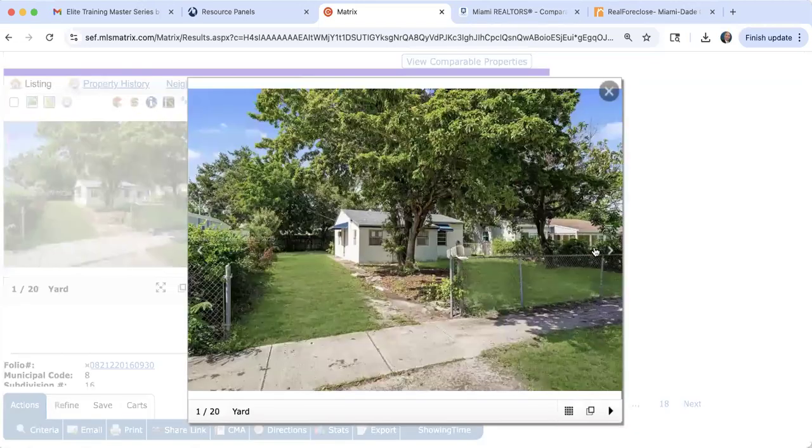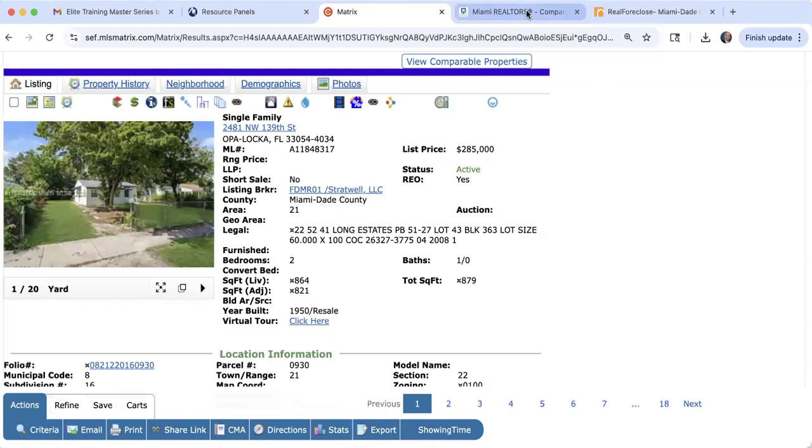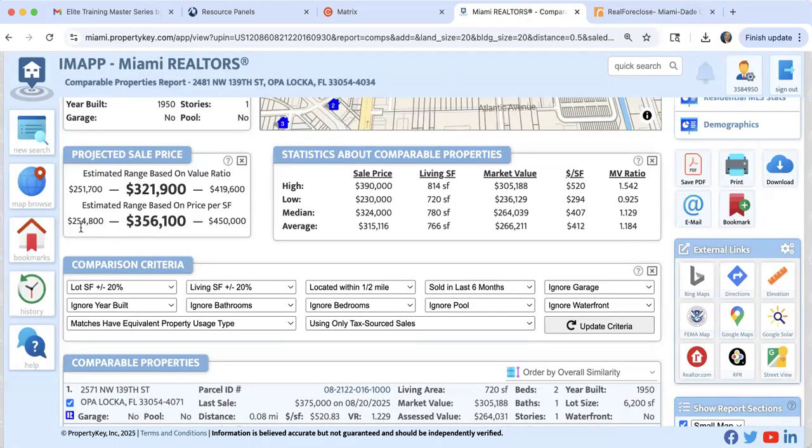This property is not worth 450. Now, the lowest case scenario is 254. So if you could buy it for 254 today, or you could buy it for 250 and maybe renovate the home, and it'll cost you around $80,000 in renovating, and then you place it back on the market and sell it for 450, would that work? I mean, I think it would work, right?